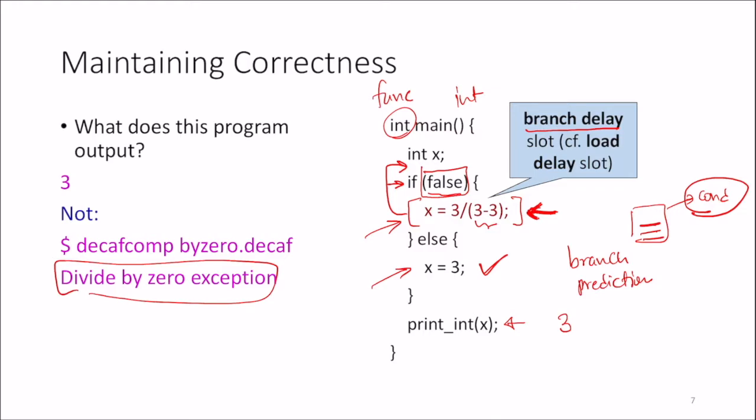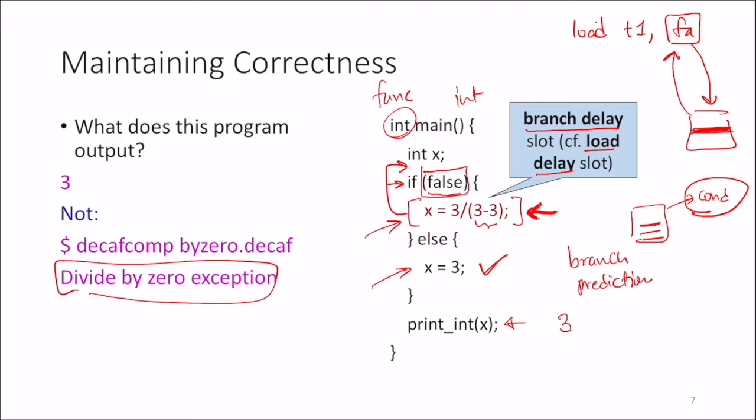A similar thing happens when you have a load from memory or a store from memory. It's called a load delay slot. So when I have a load T1 and then we have some address in memory, it has to go to memory, fetch that piece of memory, bring it back and store it into the T1 location.